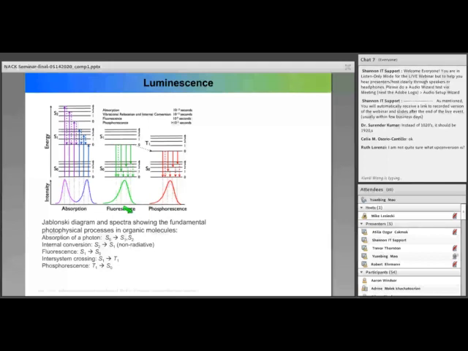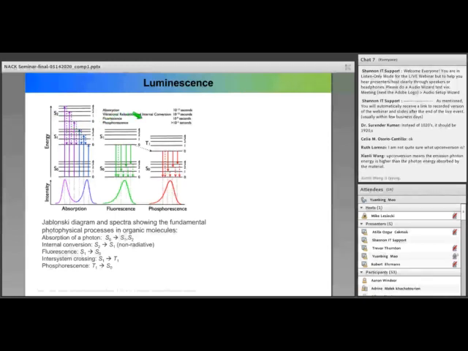At the same time, I really want to point out something: these time scales for all these different transitions. This is something normally we don't pay attention to, but it's so important in terms of all these transition processes. You will see this absorption process is actually pretty fast, in the femtosecond scale.